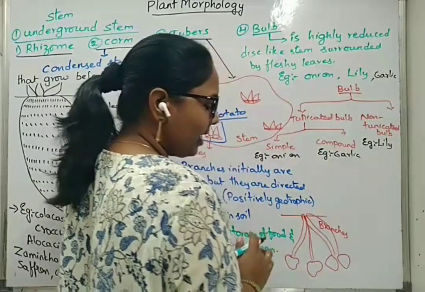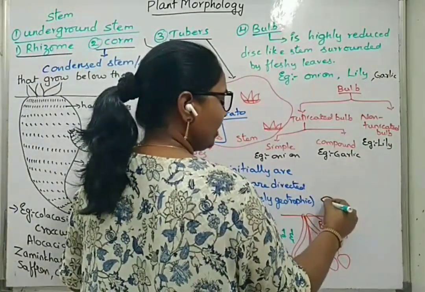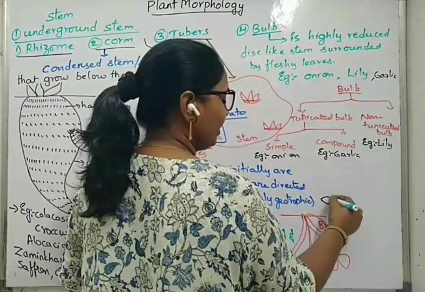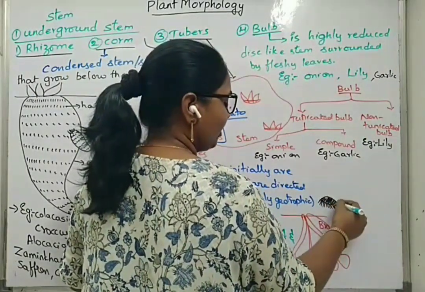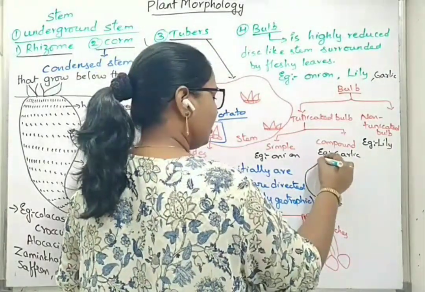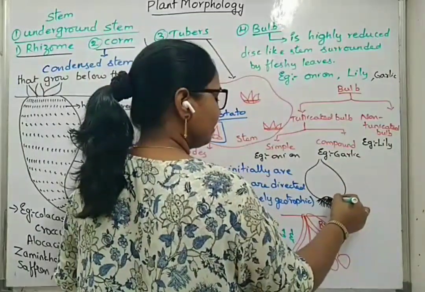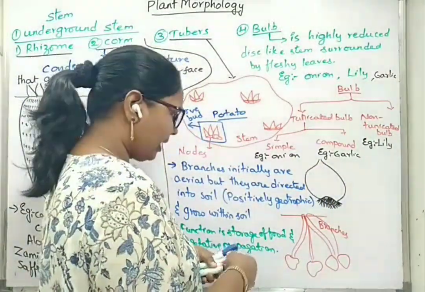So how are all these differentiated? In case of onion, we know the base disc-shaped stem will be like this, which is having many roots here. The outermost one is of different colors.